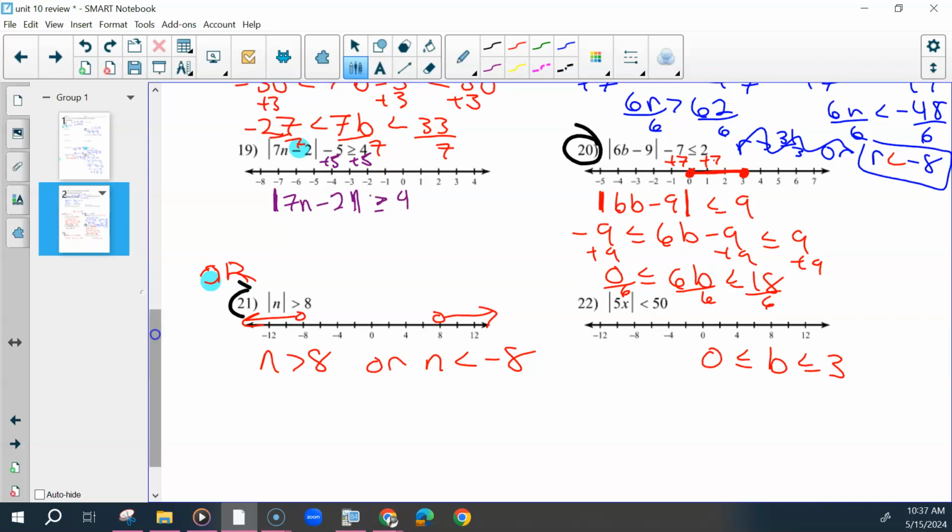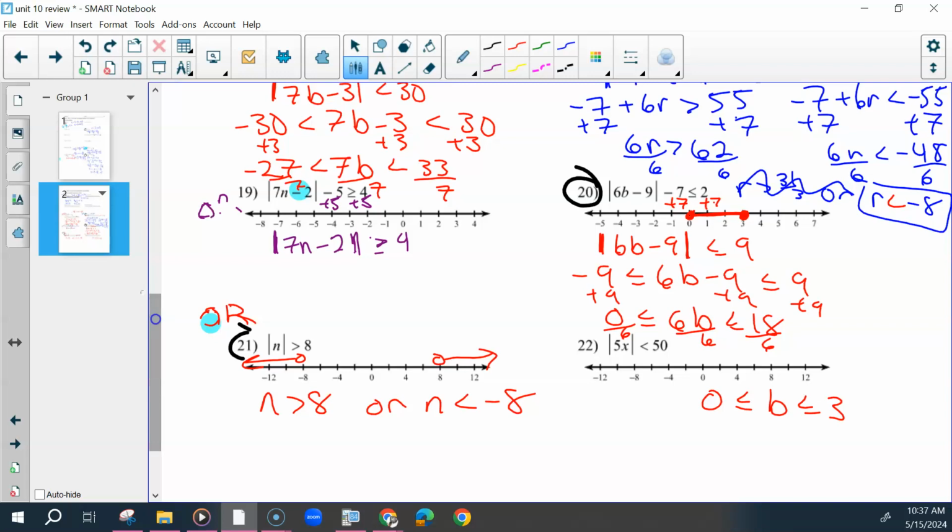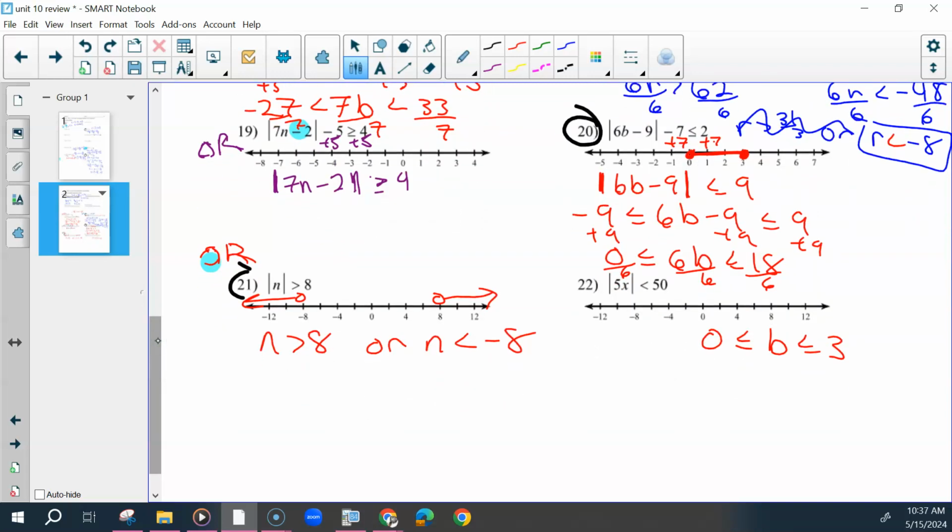And then this is greater than, so it's going to be or. Drop your absolute value, make your two cases.